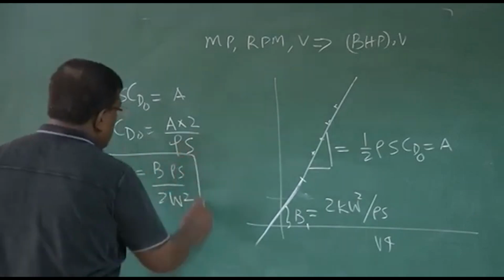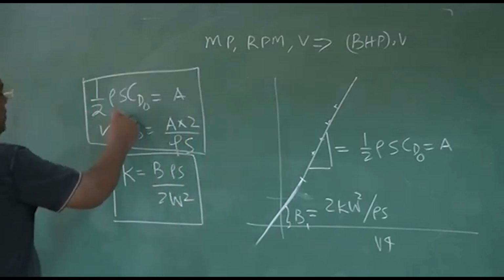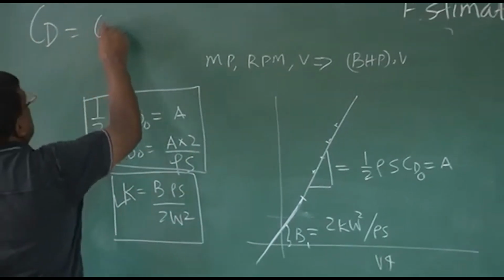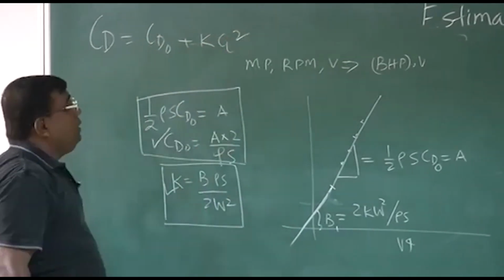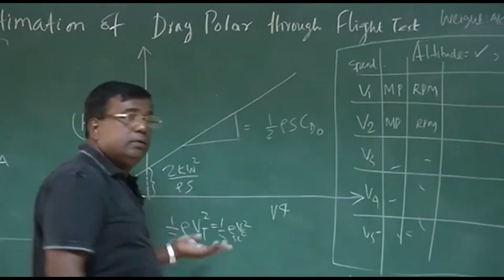So from there, you now know the value of CD naught and the value of K. So you postulate CD equal to CD naught plus K CL square. That is how you can estimate the drag polar through flight test.